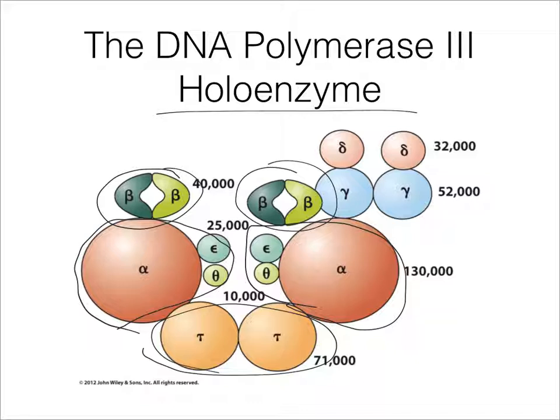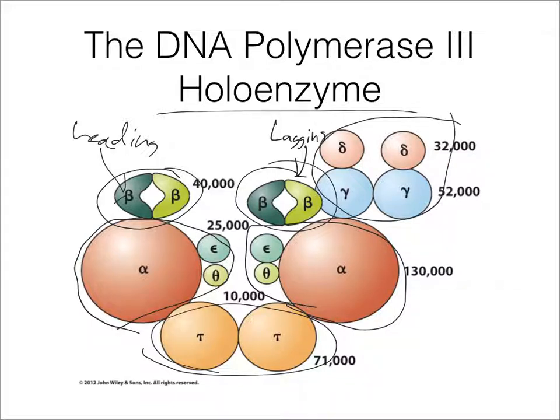This one is going to be around the leading strand. The lagging strand is going to be this one. And you know how I can tell that? Because of these, the delta and gammas. Once the leading strand clamp is clamped on, it just stays on and keeps making leading strand.